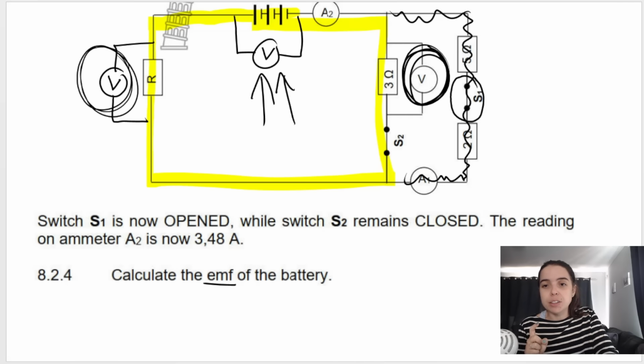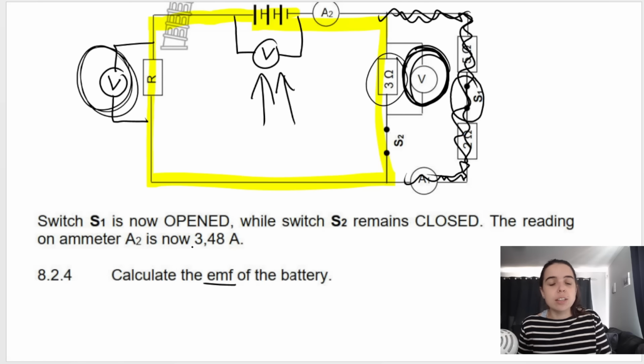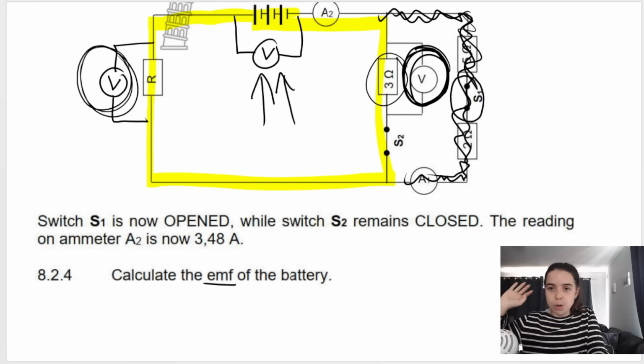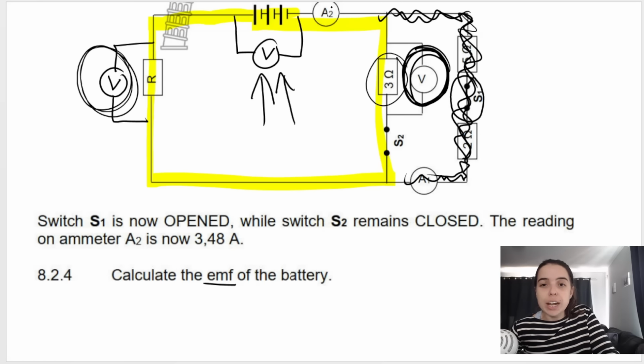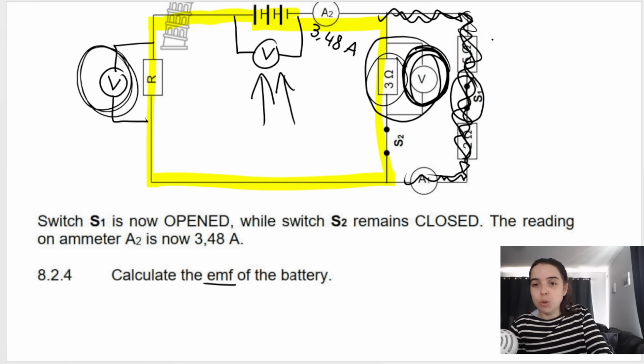How do I calculate this voltage across the 3 ohm resistor? Remember, this branch is no longer existing. So it says that when the switch is open, okay, this branch is no longer existing. The reading on A2 is 3.48 amperes. What that means is, in order to calculate this voltage here, I'm going to draw an arrow so you can see what I'm doing.